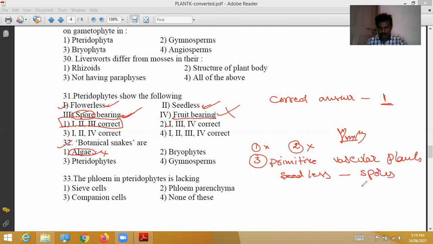They are the first land plants, which evolved after bryophytes. Hence, pteridophytes are sometimes called botanical snakes.